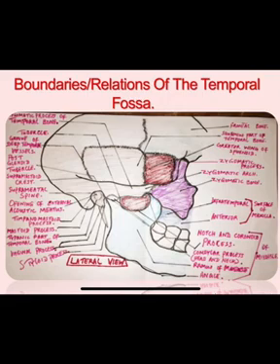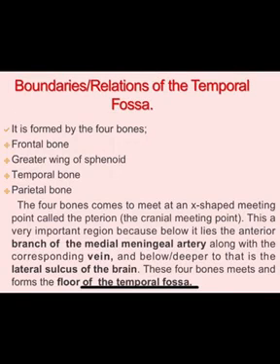Look closely at that diagram. You see the 4 bones, that's the frontal bone, greater wing of the sphenoid, temporal bone, and parietal bone, that form the boundaries of the temporal fossa. These 4 bones come to meet at an H-shaped meeting point called the pterion. That is like a cranial meeting point for the 4 bones.